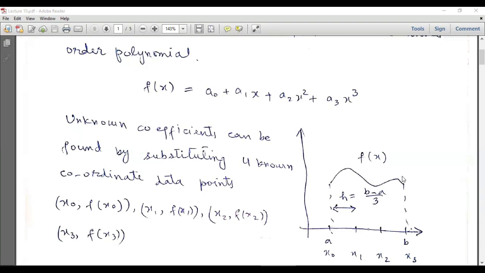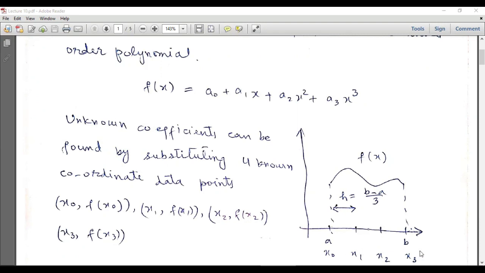Suppose this is our function, and the first point is point A, which is the lower limit of integration. One point is the last point of the interval of integration, and 2 points will be considered within these. So this is our third point and this is our fourth point.